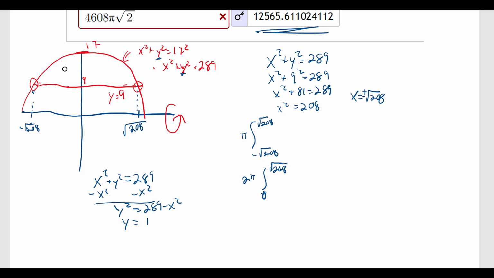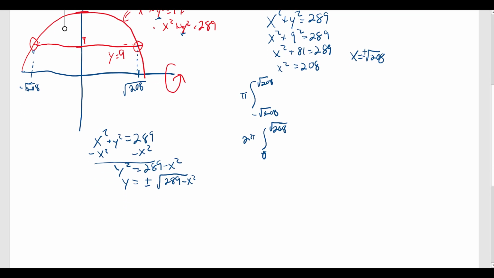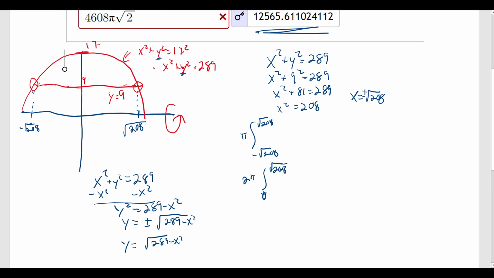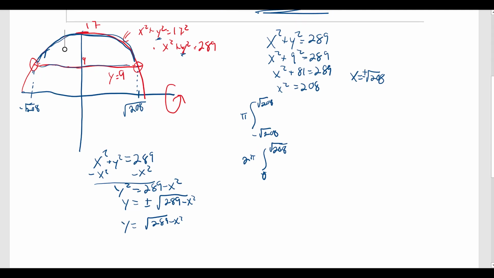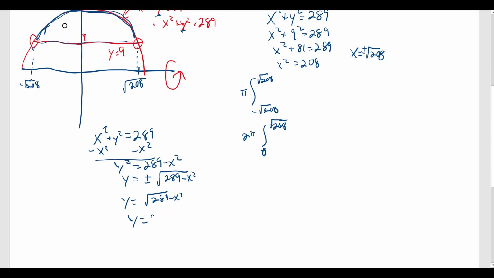So y would be plus or minus the square root of 289 minus x squared. Since we're dealing with the upper half, which is going to be rotated, we'll go with y equals the square root of 289 minus x squared. That provides us this upper part of the circle, this portion here. And then we have to take away the part down here, which is just y equals 9.